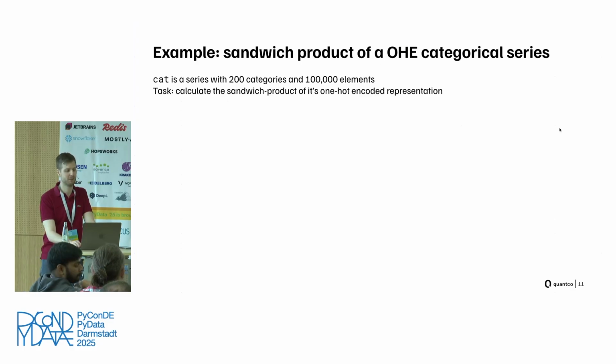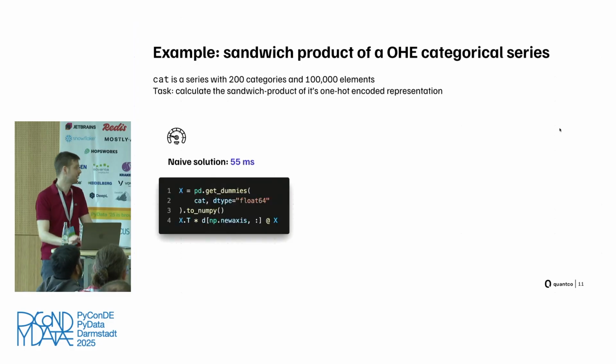So let me show it to you through an example. Let's say we have a matrix, which is just a categorical vector with 200 categories and 100,000 elements, nothing too big, but it's fine for demonstration purposes. We would like to calculate the sandwich product of its one-hot encoded version, because you have to one-hot encode categoricals if you want to estimate GLMs or most other things.